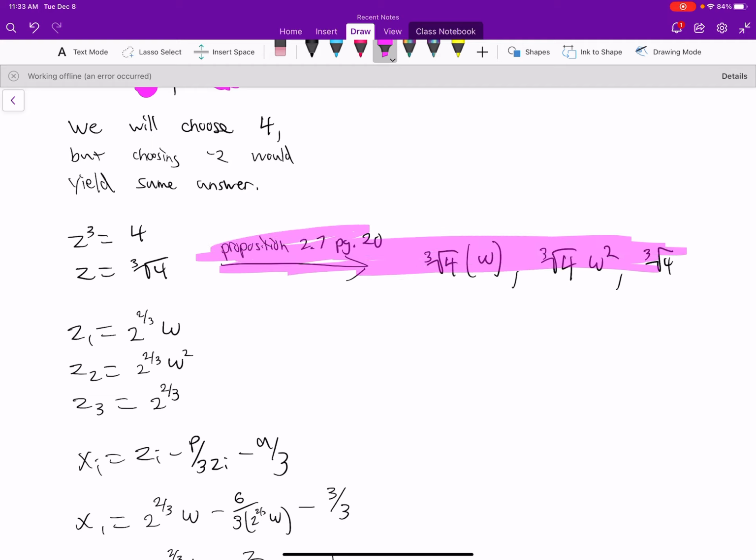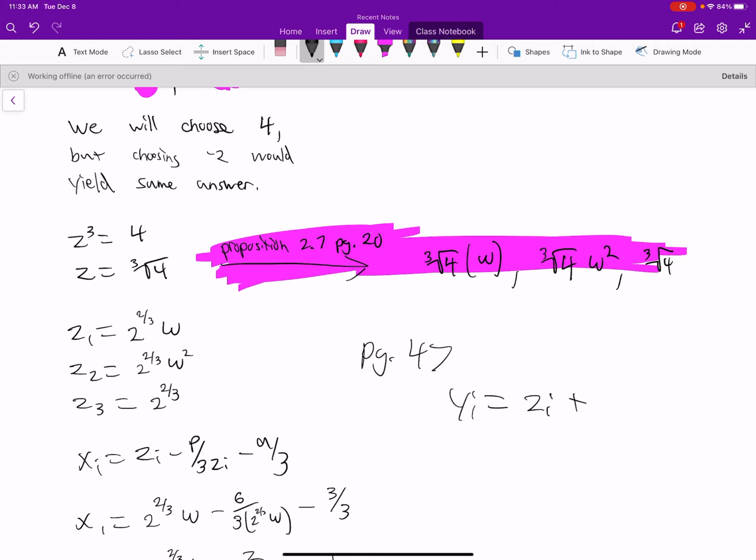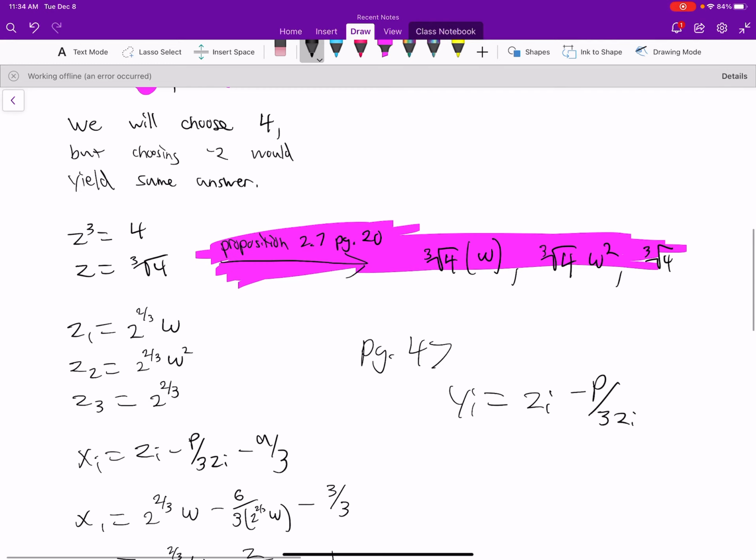All right, so now what we're going to do is go to page 47, and you will see the equation y_i equals z_i minus p over 3z_i, and x_i equals y_i minus a over 3.